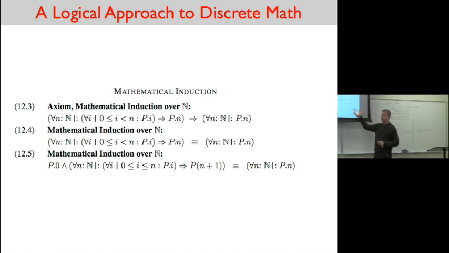Let's take a look at 12.3 and 12.4. 12.4 says it also goes backwards. 12.3 says the left-hand side implies the right-hand side. But 12.4 says a mutual implication. It's not just implies, but it equivalves. Are you with me? So how could we prove 12.4?